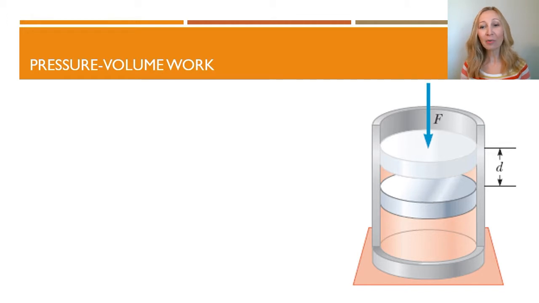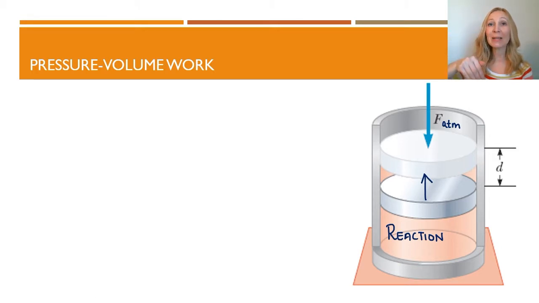So if we have a reaction taking place in this container, and this reaction is going to produce a gas. Now the gas that is produced by this reaction is going to push up on the outside of that container, causing it to move a certain amount of distance.